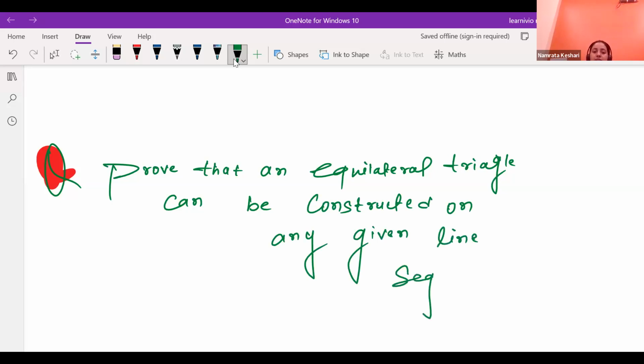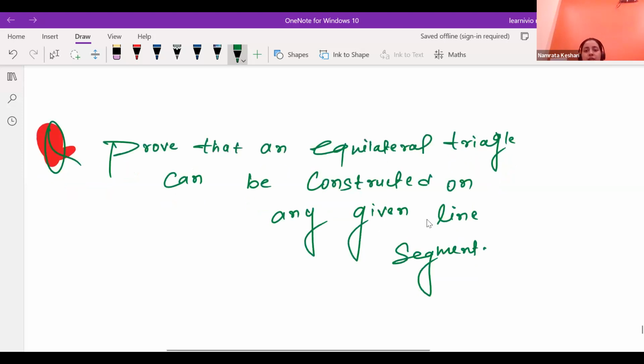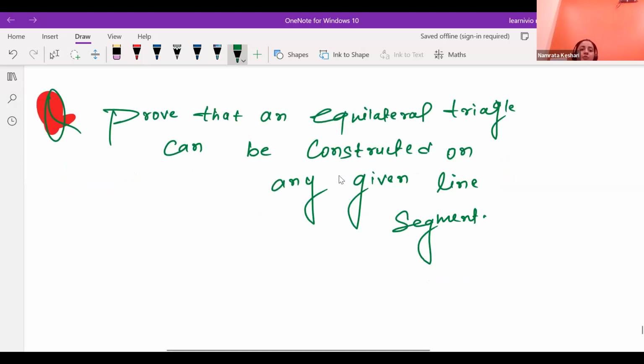Ma'am, there is also one theorem, theorem 5.1: two distinct lines cannot have more than one point in common. Yeah, we'll be discussing that, I'm coming to that. Okay, let's discuss this question.